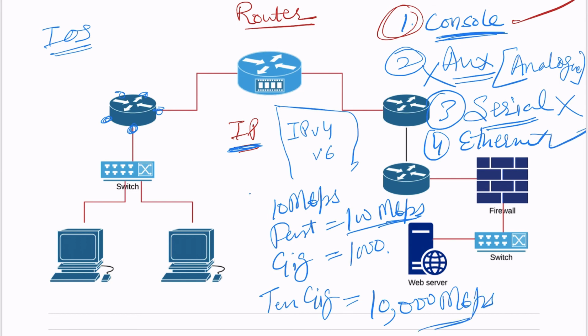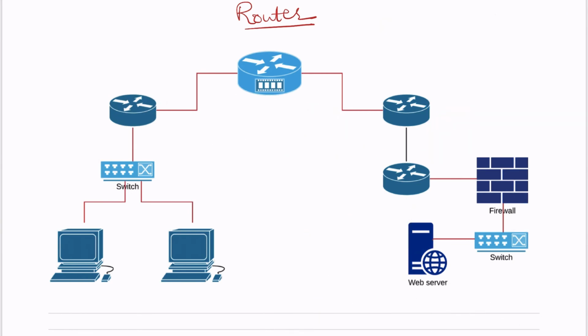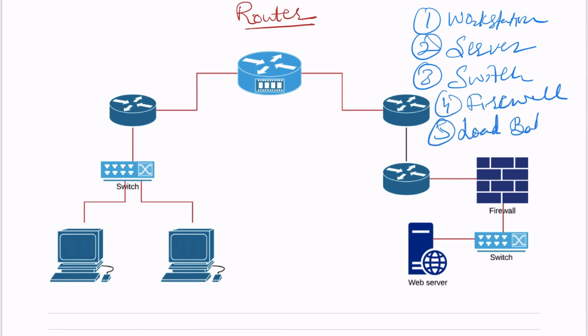Now let me tell you what type of devices you can connect to this router. You can connect any type of device, but that device should have the ability to configure or work on IP. You can connect workstation, server, switch, layer 2 or layer 3, firewall, load balancer, any type of device.